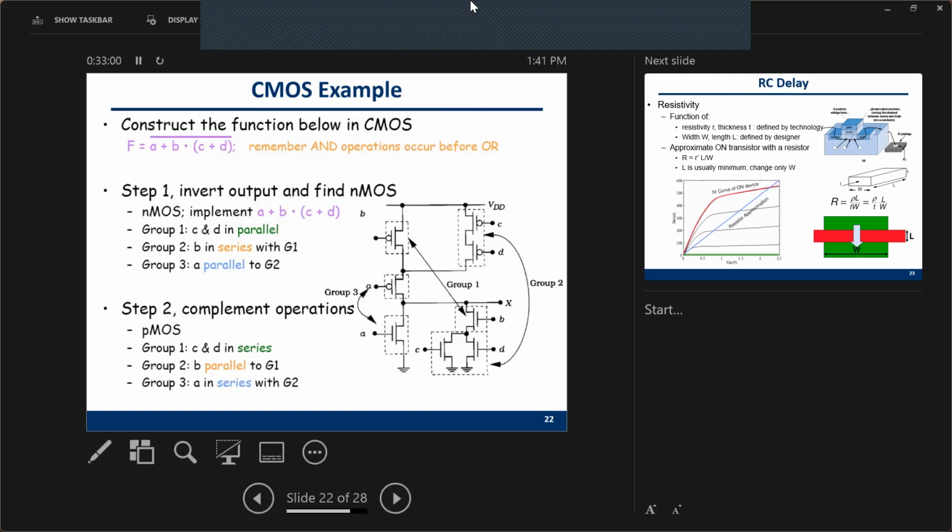After we have the De Morgan law, we know that C and D should be connected in sequential. And the B will be connected in parallel with C and D. And then the A will be connected to that structure in sequential, because we have an AND here. So in this way, we can have the pull-up network. And then we have the entire logic circuit like this.